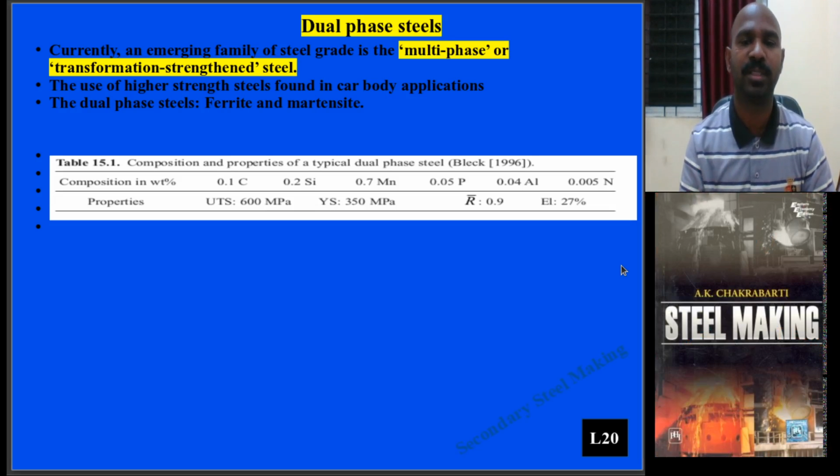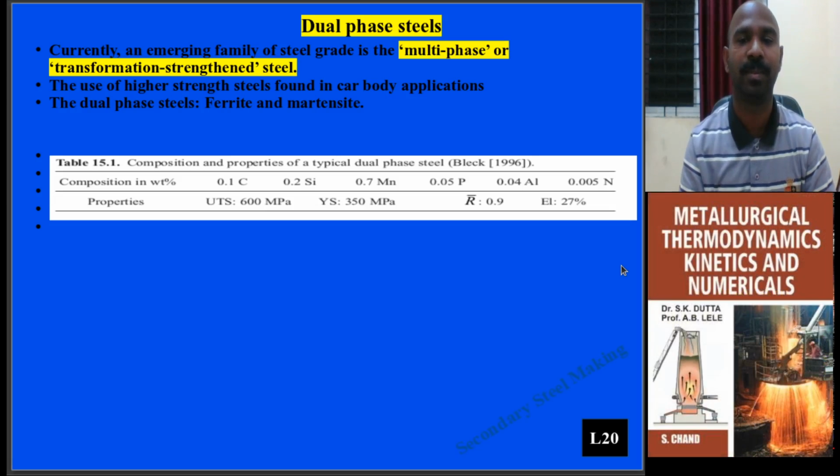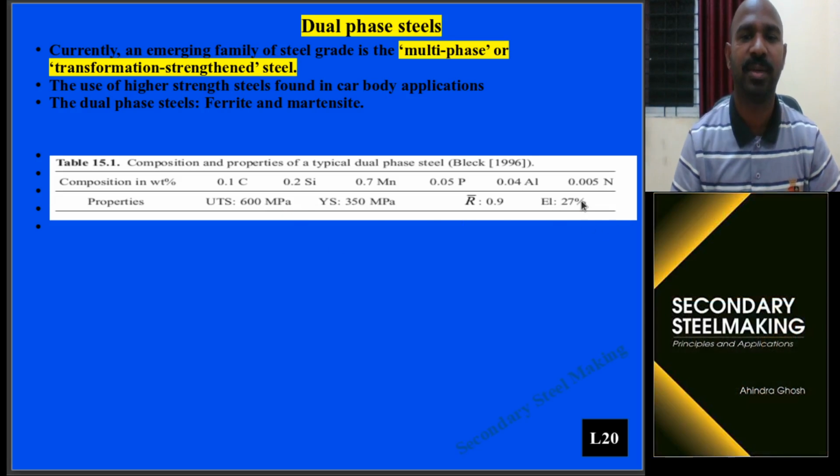By transforming this martensite with the combination of ferrite, this particular two phases are existing in the steel. Because of this, you will find such high strength and this much elongation. This is the basic composition of the dual phase steel.